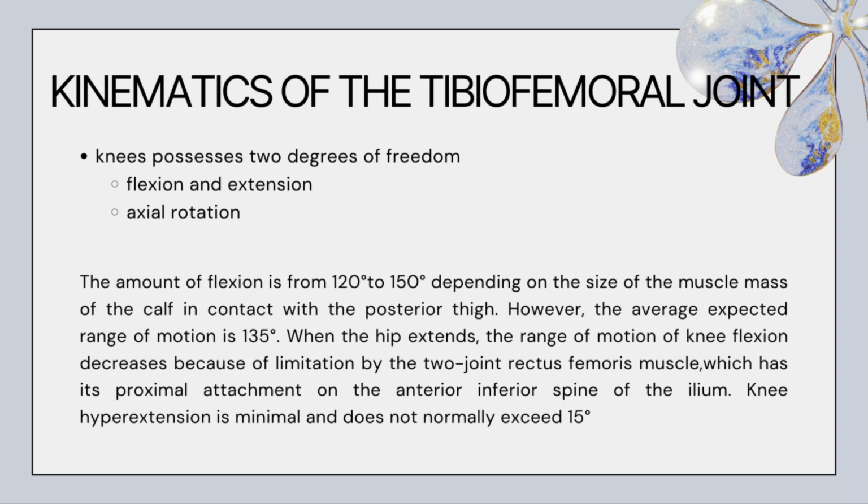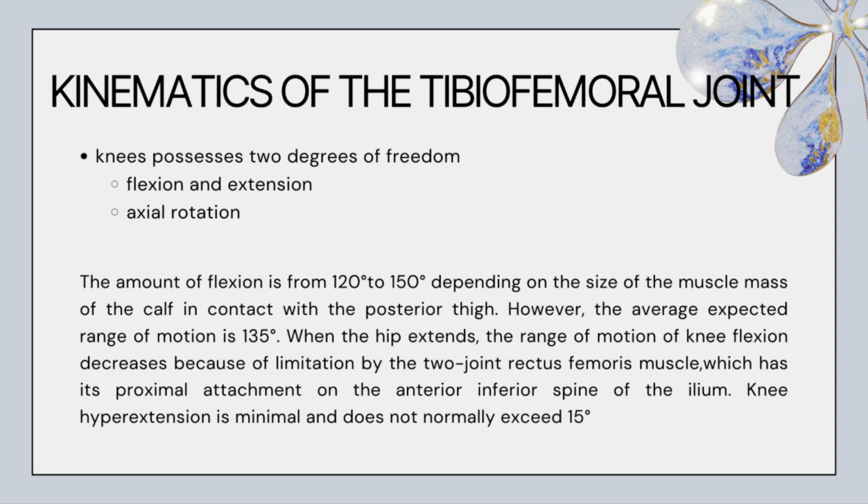So, natalakay na natin yung normal range of motion ng knee flexion, which is 135 degrees. Pero kapag yung hip is nag-extend, the range of motion of knee flexion decreases kasi may limitation by the two-joint rectus femoris muscle, which has its proximal attachment to the anterior inferior spine of the ilium. Tapos, yung normal range of motion naman ng knee extension is 10.